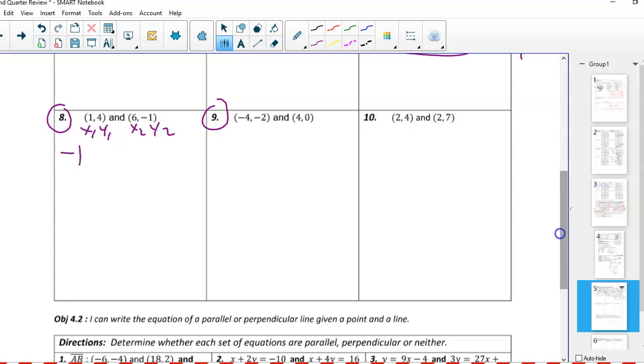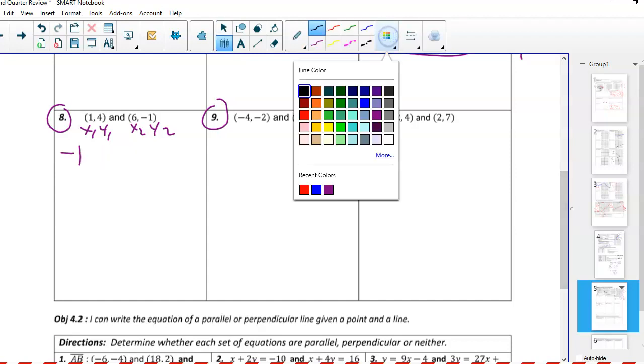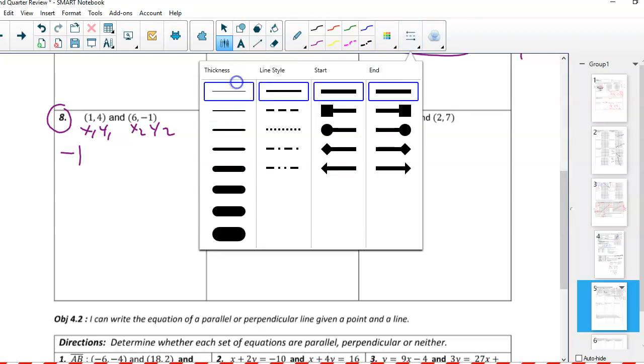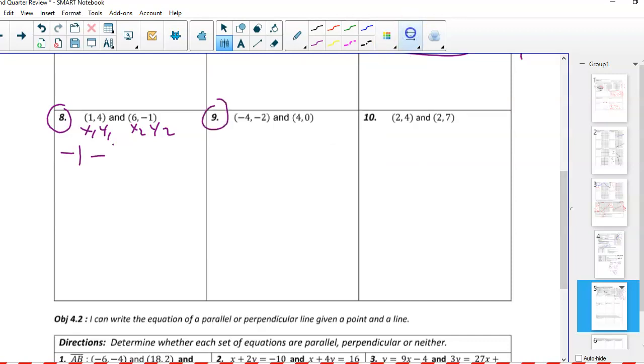So negative 1 minus 4 over 6 minus 1. What would our slope be? Negative 5 over 5, which is negative 1.